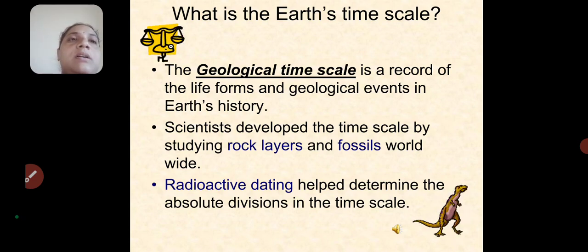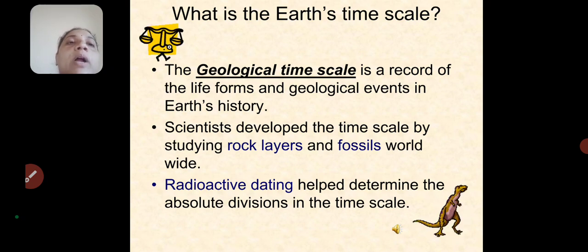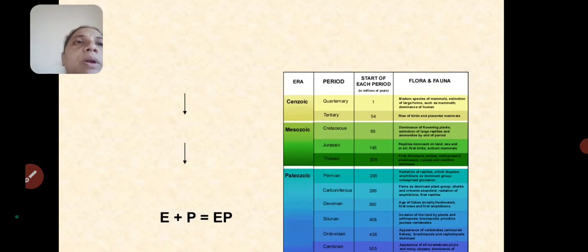Most of the animals and plants became endangered and formed fossils. With the help of radioactive dating, we observed the absolute fossils. Okay, next, divisions of the geological time scale. What I told is that first eons are there. Okay, ma?